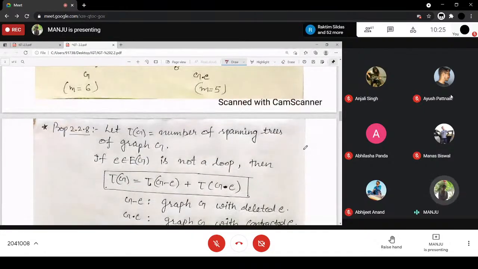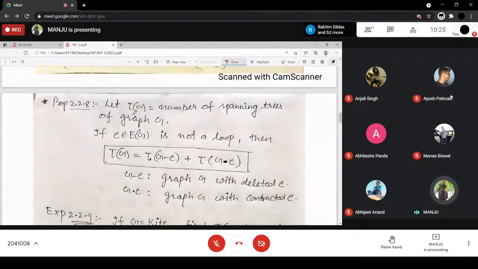Now there is this formula, this you can remember, I already discussed that tau G represents the number of spanning trees of G. Any edge E which is not a loop, you will take it, delete it from G to get the graph G minus E, and by contracting it, get the graph G dot E. Then count the number of spanning trees for G minus E and G dot E. Those will be the number of spanning trees for G. Clear?